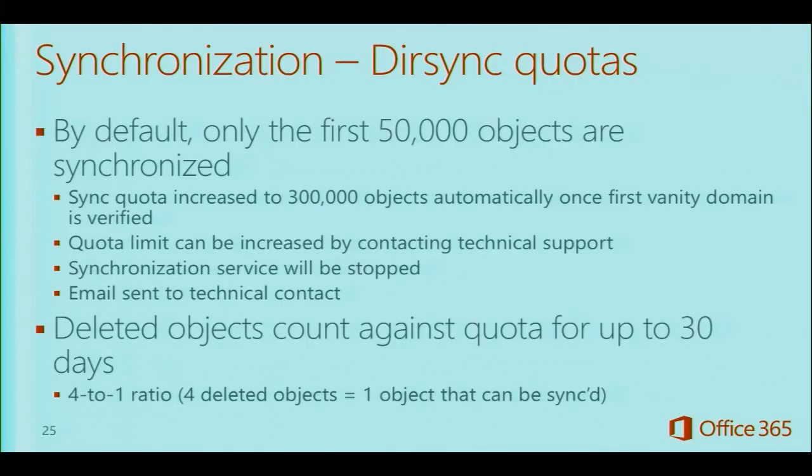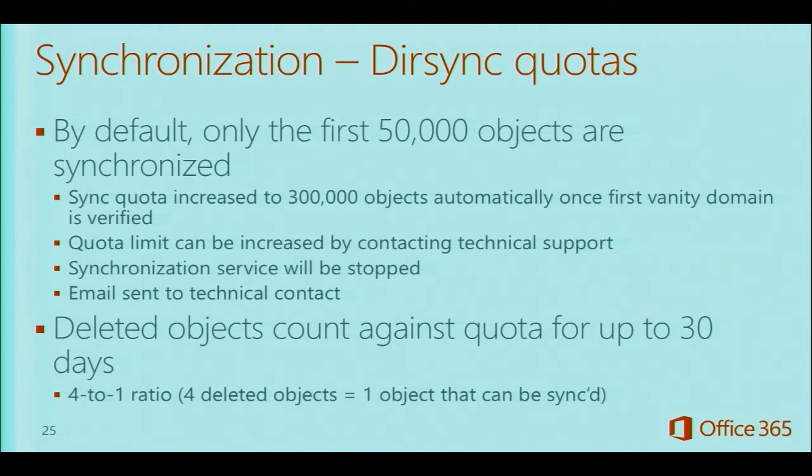Now, of course, if you need more than 300,000, you will need to open up a support ticket and request a quota increase. Once you have reached your limit, whether it's the 300,000 limit or something higher because you got a quota increase, synchronization is going to stop, and we're going to send an email message to the designated technical contact for your tenant.